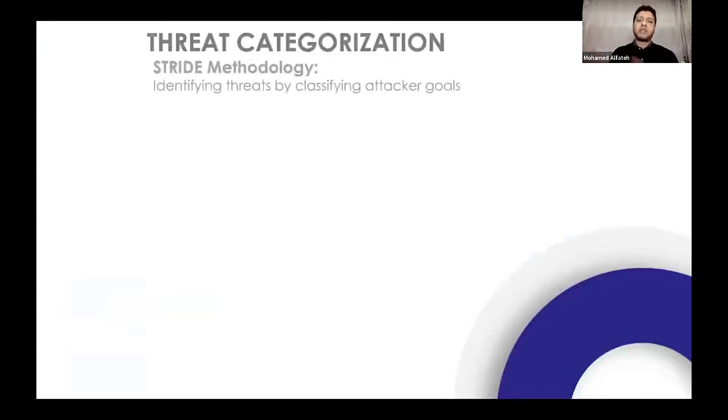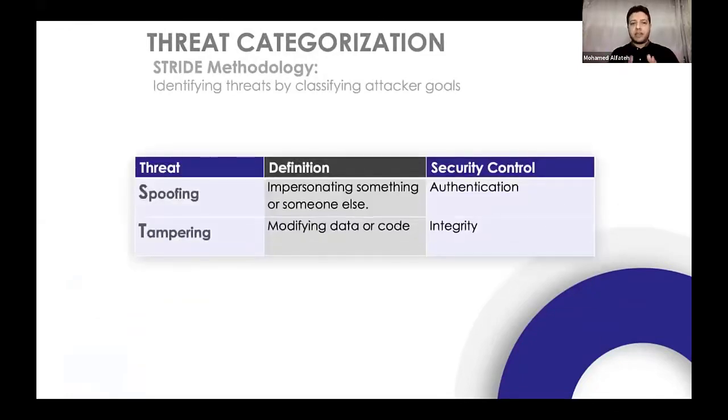Microsoft comes with the STRIDE methodology. STRIDE is good, but you need to understand what STRIDE is. STRIDE identifies threats by classifying attack goals. That means it's more of an attack categorization, but you cannot say STRIDE is a threat library or a vulnerability library.